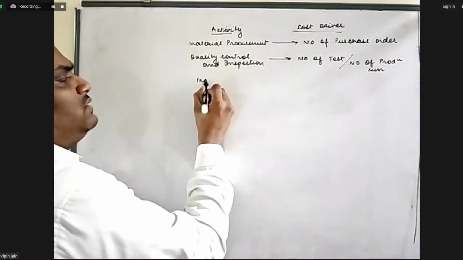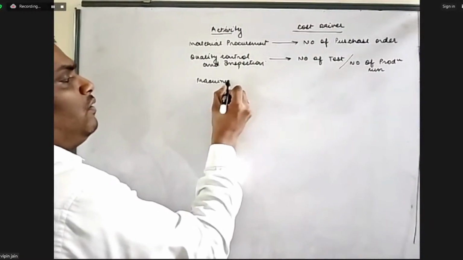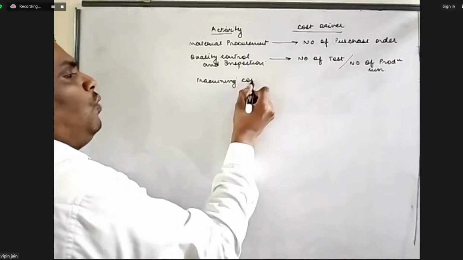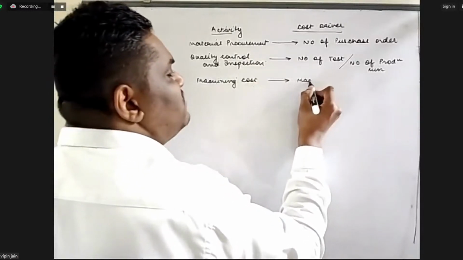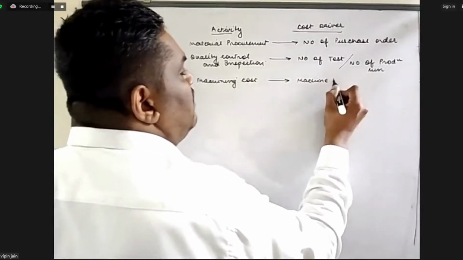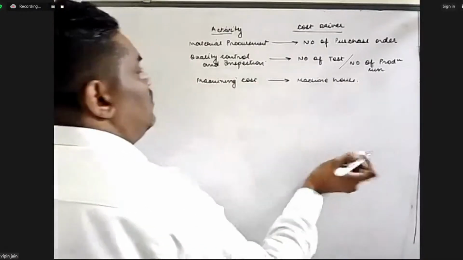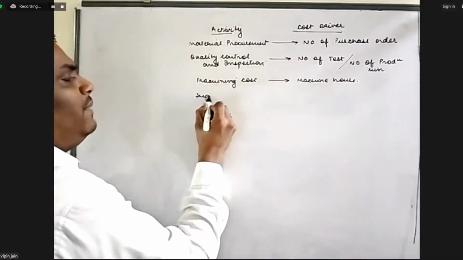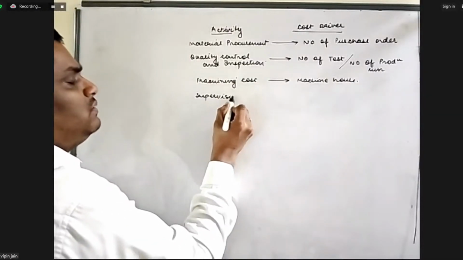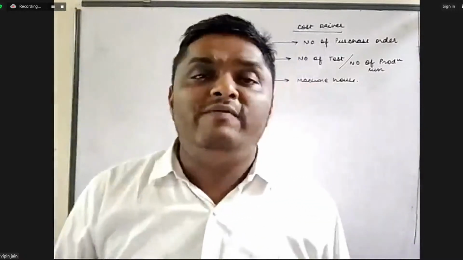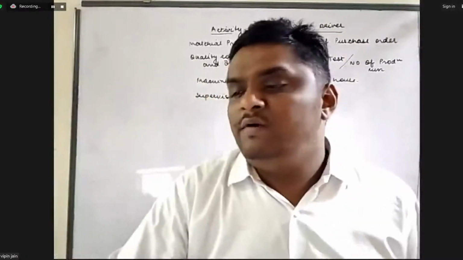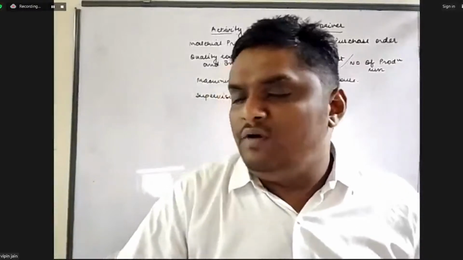Further, machining cost: whatever the costs that are related to the machine will be absorbed on the basis of machine hours worked. When talking about the supervision cost, it can be on the basis of labor hours or number of workers.